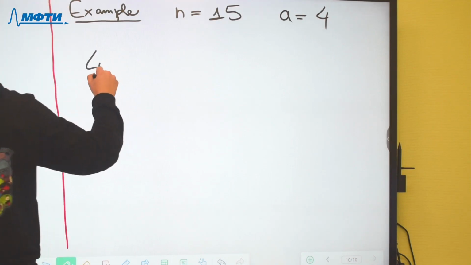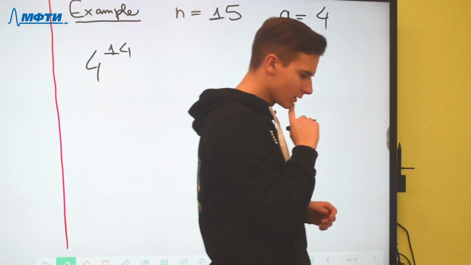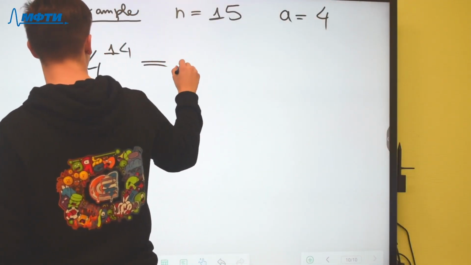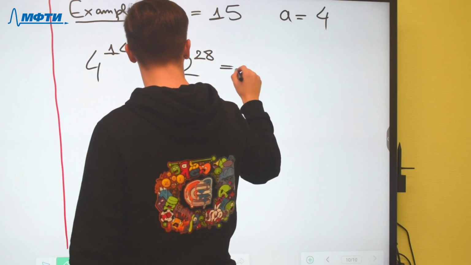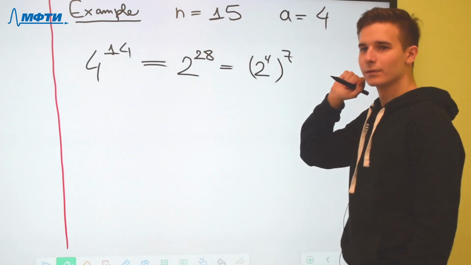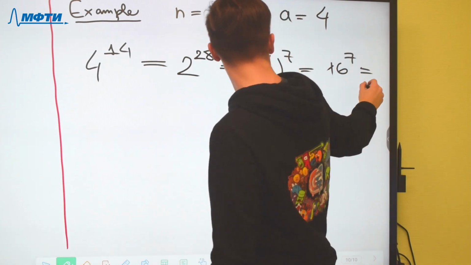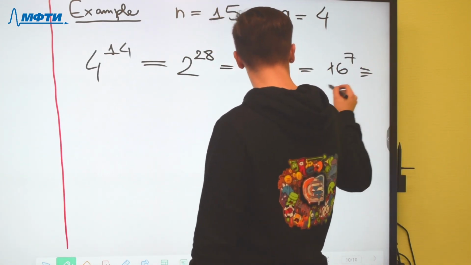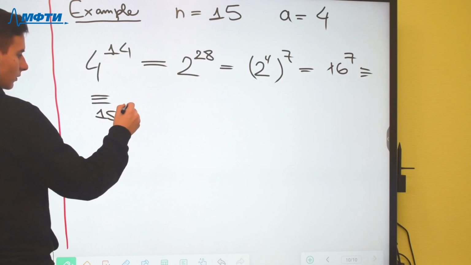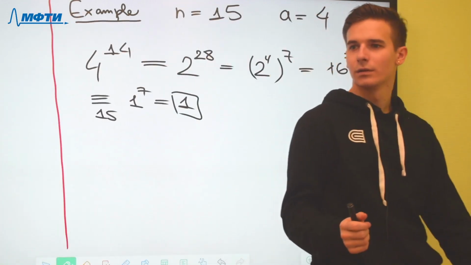If we try to multiply 4 by itself 14 times, we get 1.